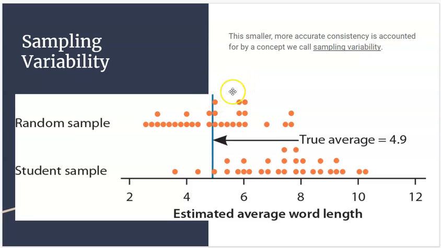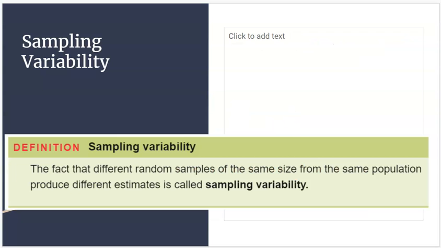However, we can account for this little inconsistency with a concept we call sampling variability. So what is sampling variability? It is the fact that different random samples of the same size from the same population will produce different estimates.